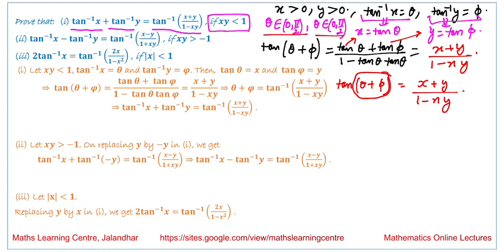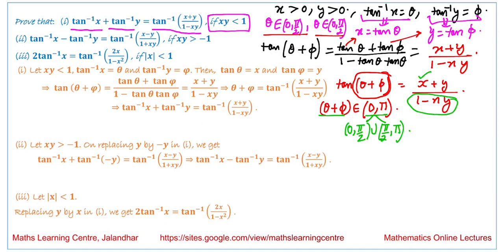Now this angle theta plus phi, we have conditions over here. This theta plus phi will lie in the interval 0 to pi, that is, this whole value can lie in the first quadrant or the second quadrant. So we are dividing it into two parts, 0 to pi by 2 union pi by 2 to pi, and it depends upon the value of this denominator.